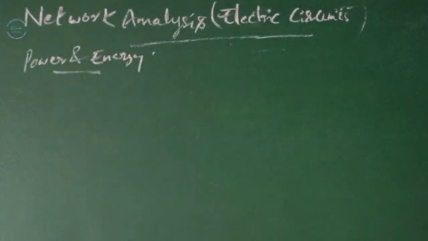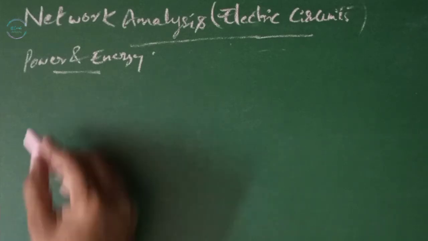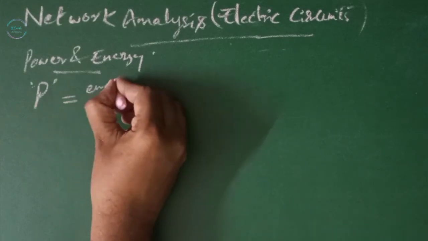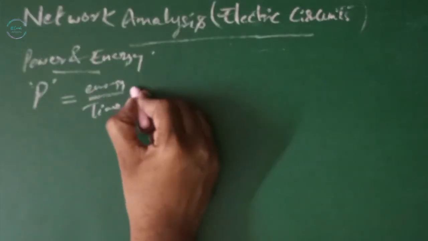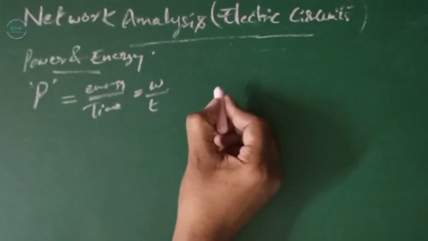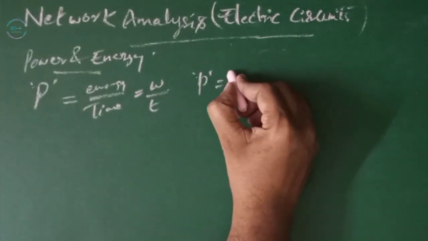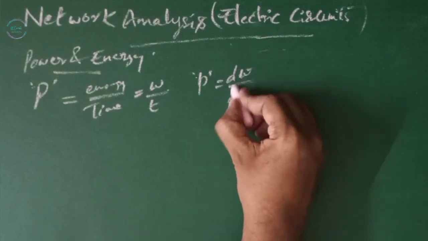Power and energy. Energy is the capacity for doing work. Power is the rate of change of energy, and it is denoted by the letter P. Power is given by energy per time, that is W by T. For small powers, small p equals dW by dt.